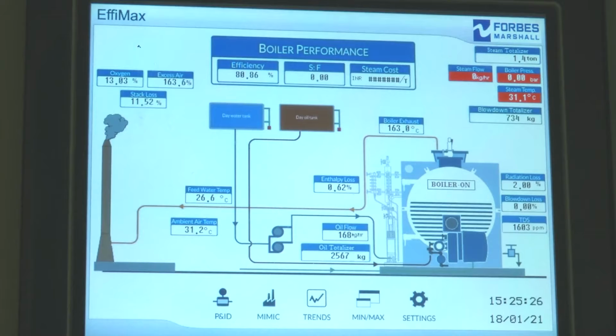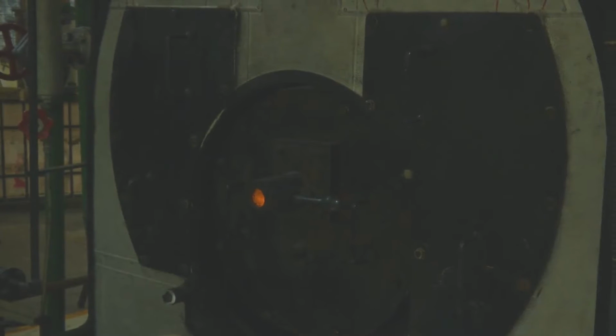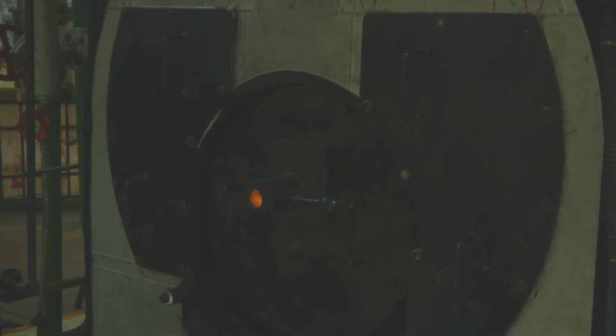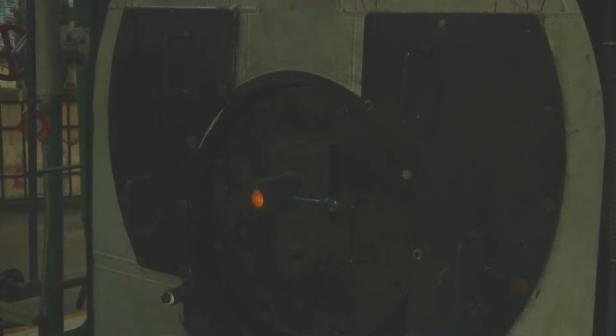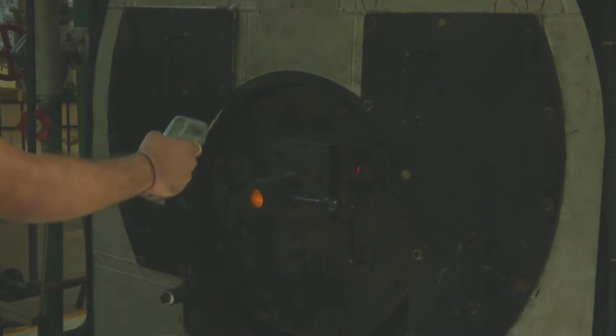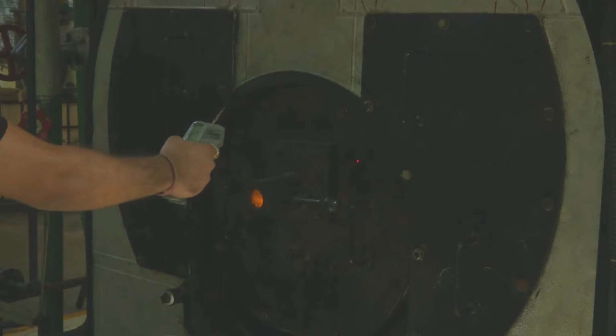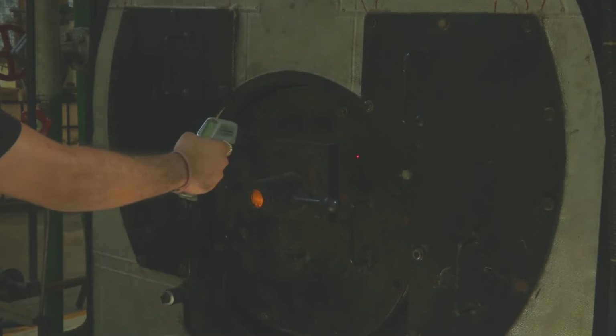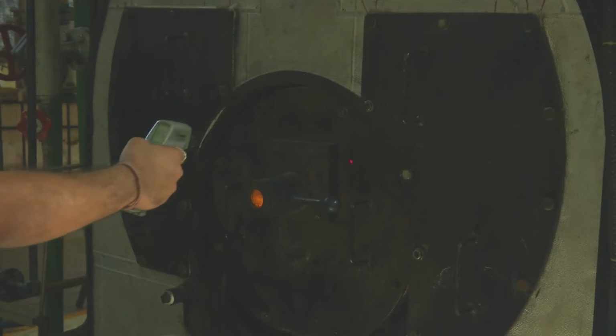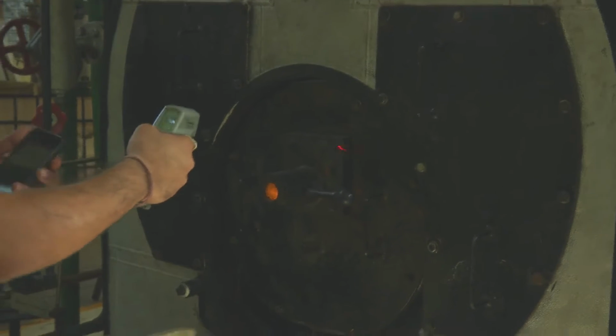Now we can take the readings of surface temperature. Here we can see for this surface we can use this thermal gun to check the temperature, that is 120 degrees Celsius.